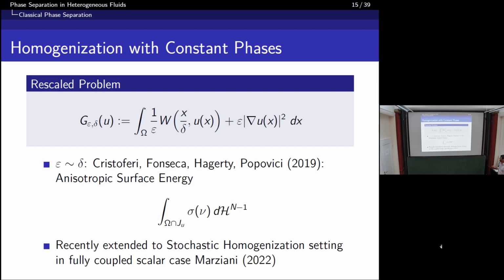It was recently extended to the stochastic homogenization case by Roberto Marziani, maybe last year. And so you end up getting this sigma, which is sort of like a lattice mismatch in that it encodes how your interface matches the periodicity lattice.